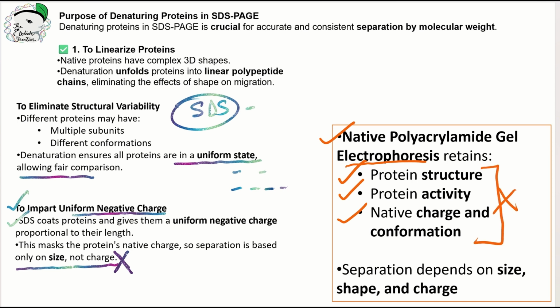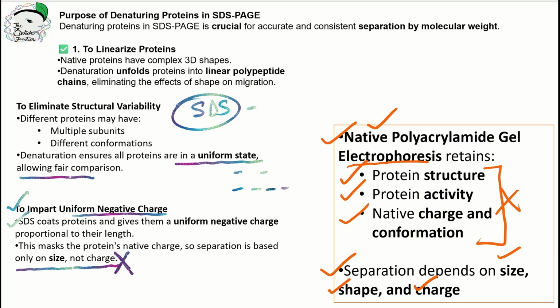The separation depends on the size, the shape, and the charge. These three factors determine the separation if we use native PAGE to study a protein's structure or its activity.